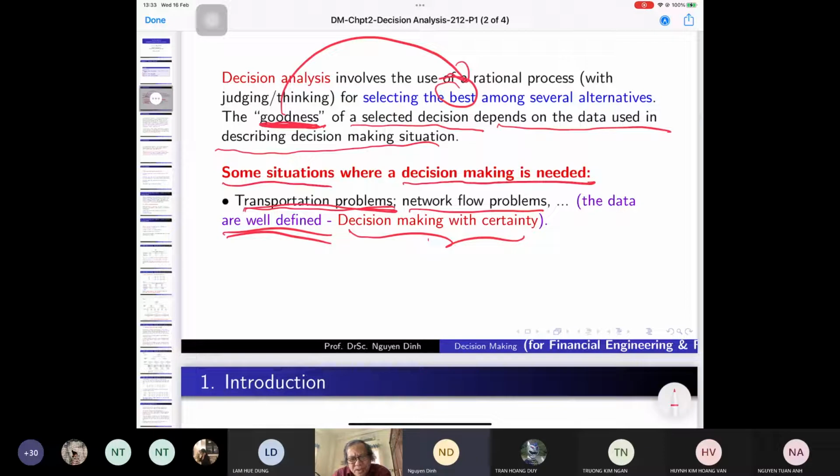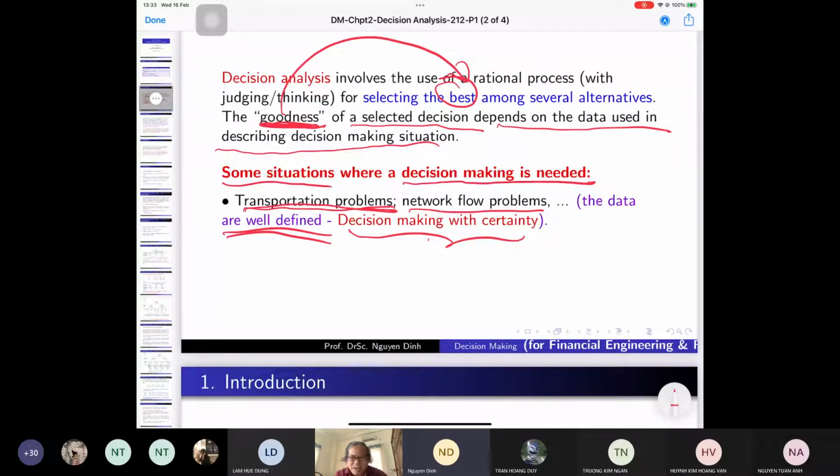The situation, for example, is a factory. You want to make the profit the best, the optimal, the maximum profit, and then everything is clear.